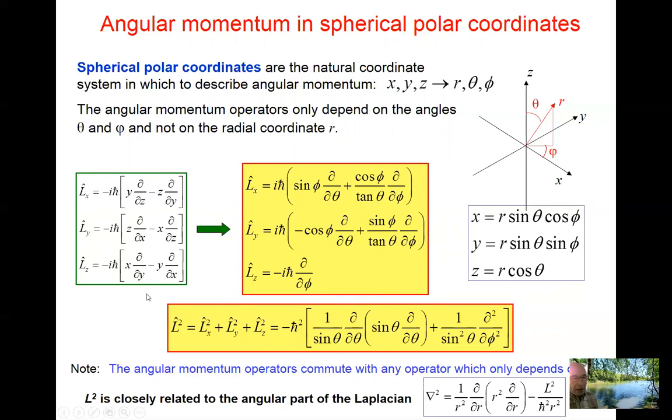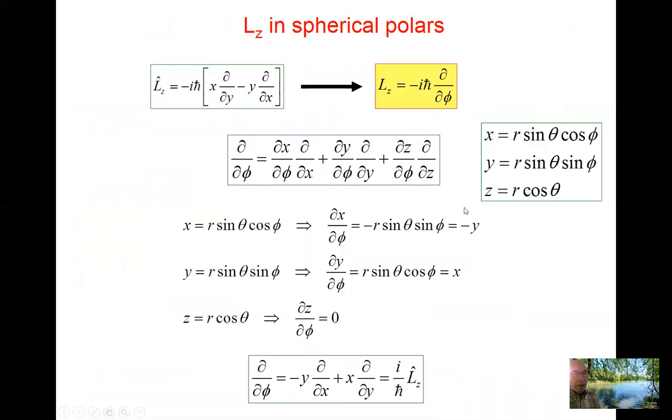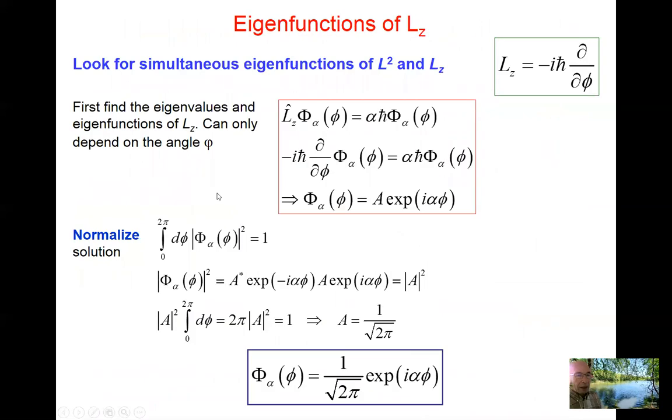And so we arrive at these representations, which are going to be with us for a long time, for L squared, which is this formula here, and for Lz, which is a very simple formula, which is a derivative over phi.